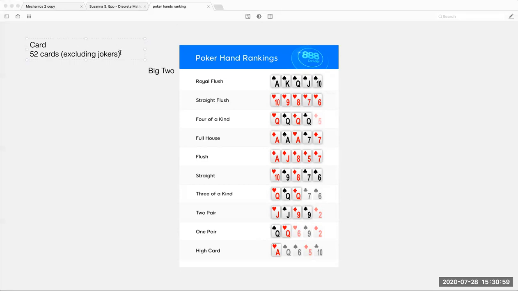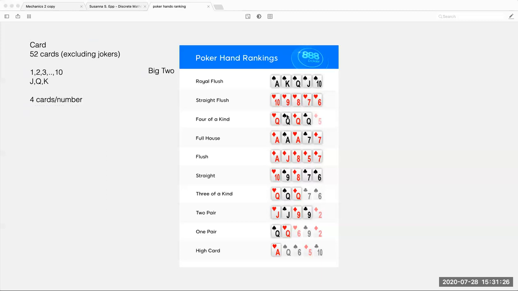So, 52 cards, and you know that there are 1, 2, 3, 4, up to 10, and then J, Q, King. And that's it. Each number has 4 cards. I think you know all of these.